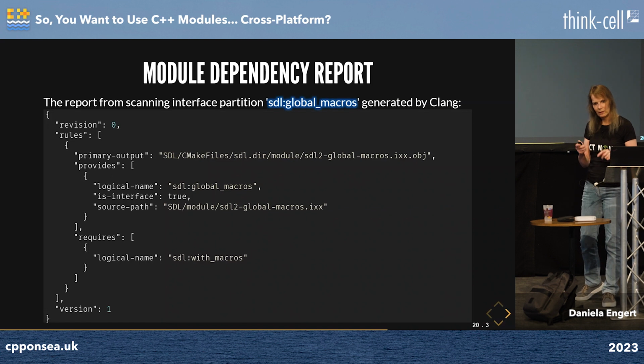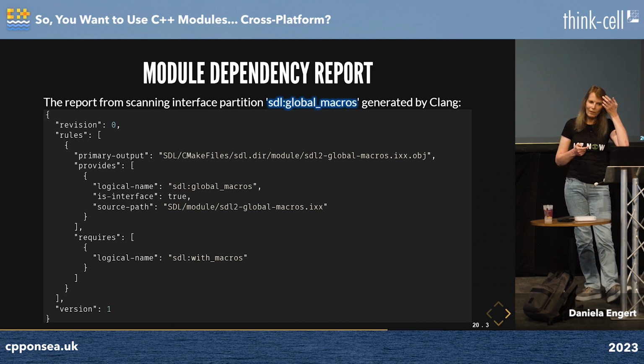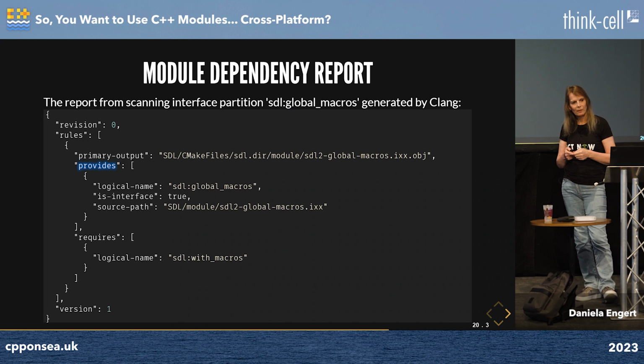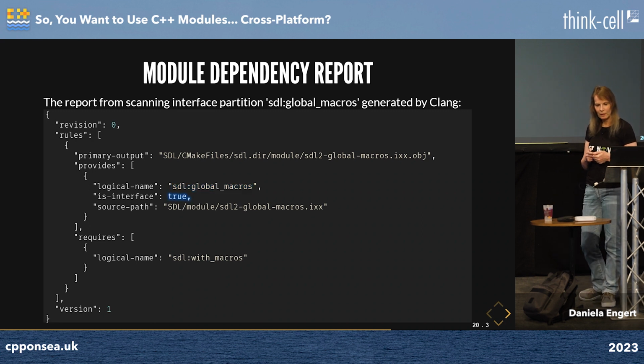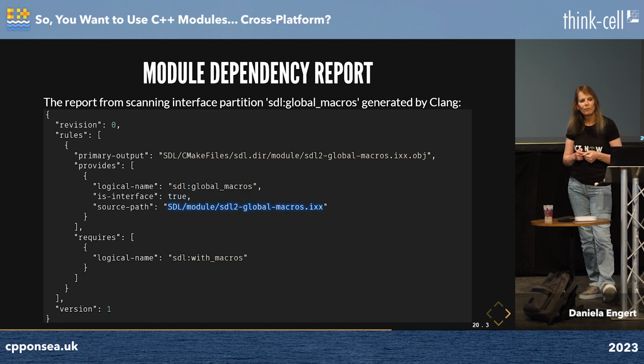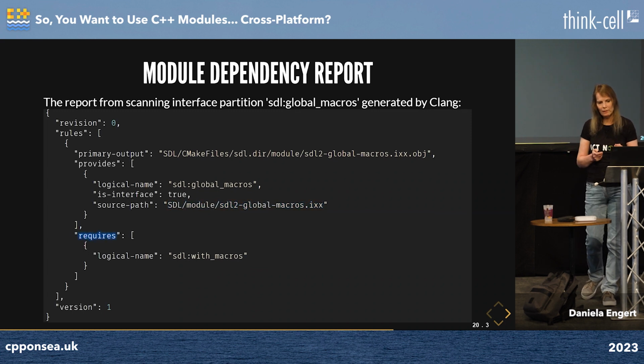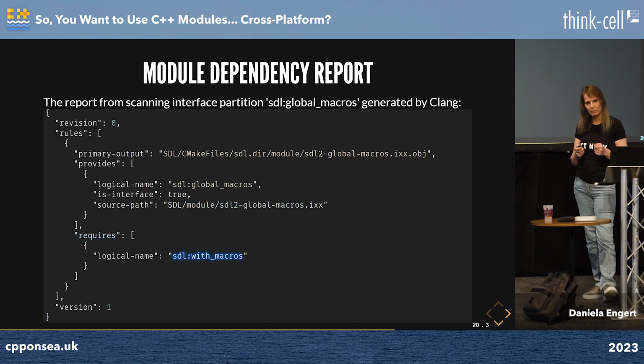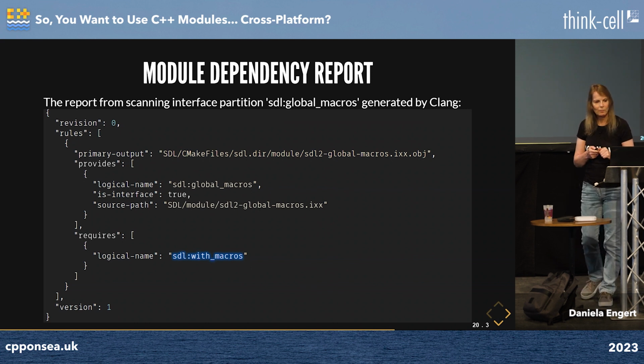And this is the one that is blessed by the tooling study group in the C++ committee. And it says it provides the partition global macros of the SDL module that happens to be an interface. And the source of the translation unit is here. And to compile it, it requires another module. In this case, it's the partition with macros of the SDL module.